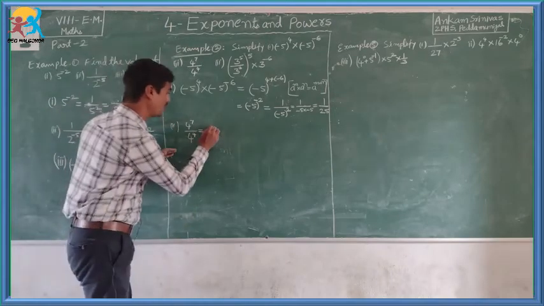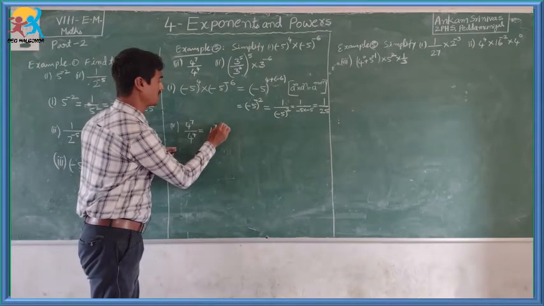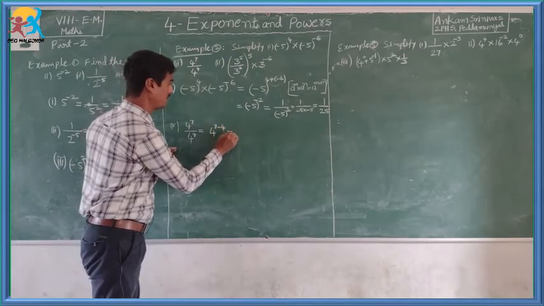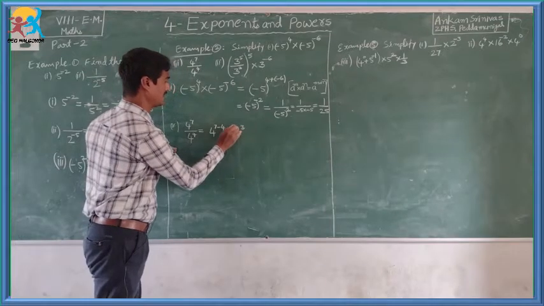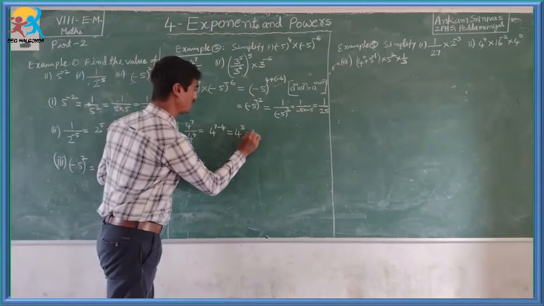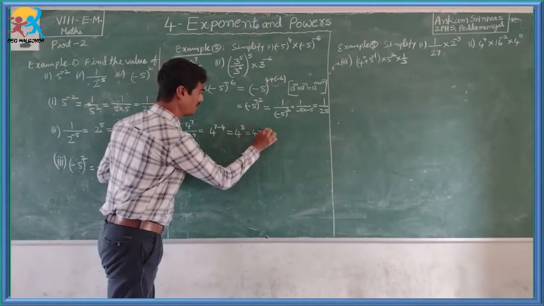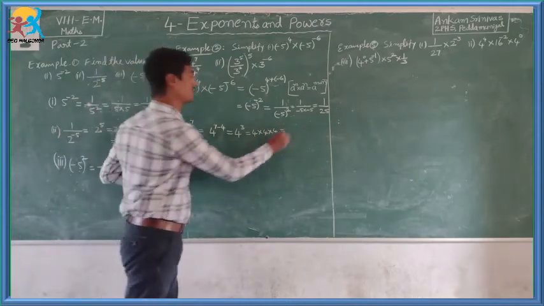That means 4 power 7 minus 4. So we will get 4 power 3. 4 power 3 is 4 into 4 into 4. 4 4s are 16, 16 4s are 64.